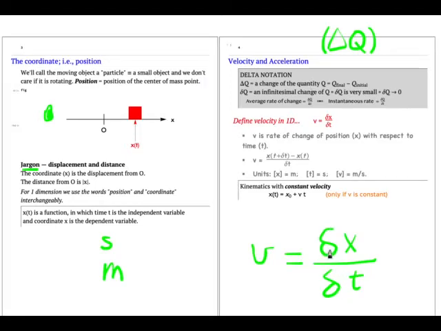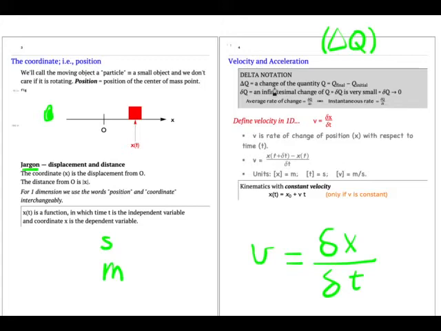What I have here is delta x over delta t, but it's the lowercase delta. So another aspect of delta notation, delta Q, where I use the lowercase delta, means an infinitesimal change of Q. That is to say, delta Q is very small, whereas capital delta Q is just some change, some final value minus some initial value.